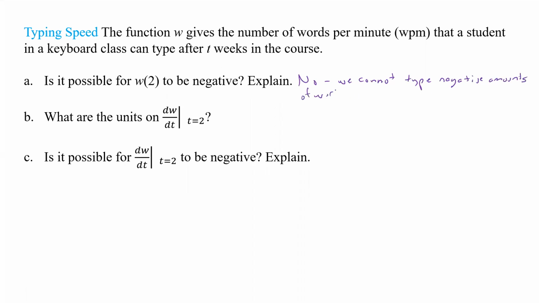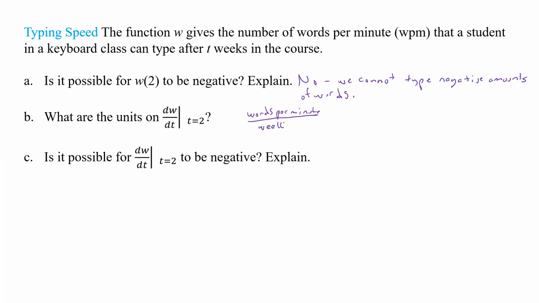of words. Okay. So then it says, what are the units on dW over dt? So dW is going to be the number of words per minute. dt is going to be the number of weeks. So it's going to be words per minute per week, because t is in weeks.